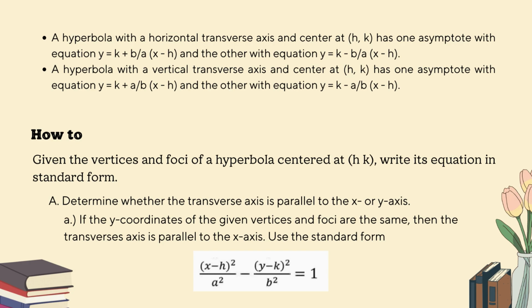If the y coordinates of the given vertices and foci are the same, then the transverse axis is parallel to the x-axis, which means it is horizontal. You can then use the standard form: the quantity x minus h squared over a squared minus the quantity y minus k squared over b squared is equal to 1.